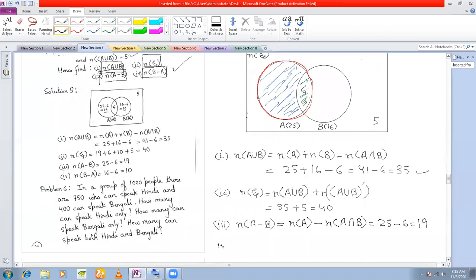Okay. And the last part, similarly for cardinality of B minus A, this will be the cardinality of B, 16, minus the cardinality of A intersection B. Cardinality of B is 16 minus 6 is 10. Okay, so that is how we find out.